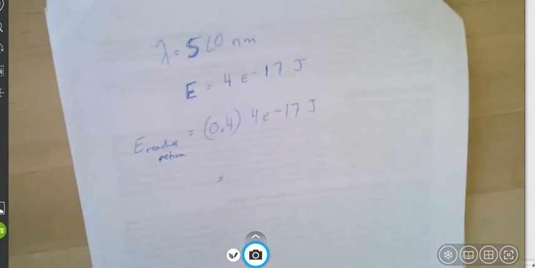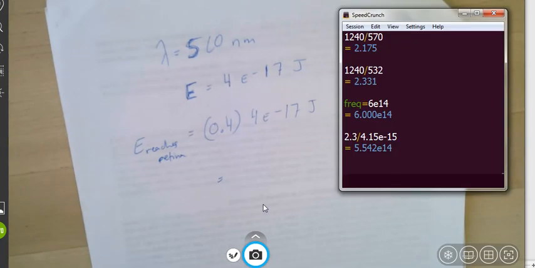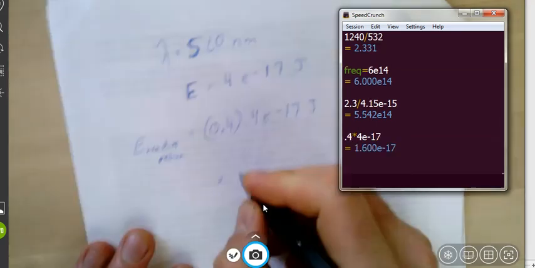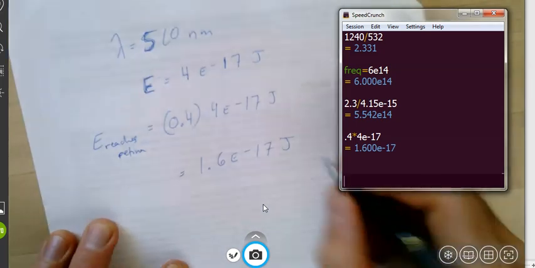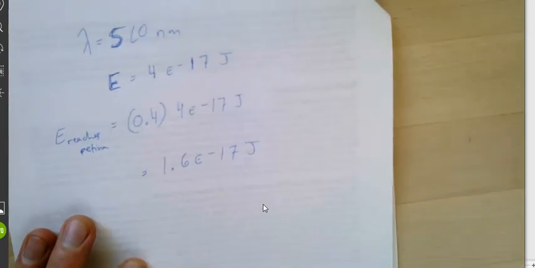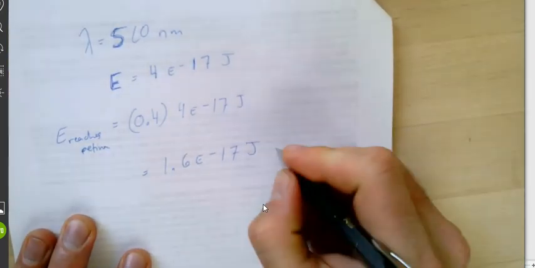So bringing out my calculator, that is 0.4 times 4e minus 17. In other words, we have 1.6 times 10 to the minus 17 joules, and we need to relate that to the number of photons.